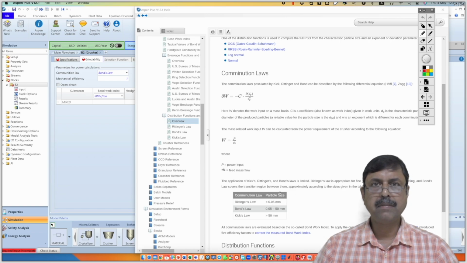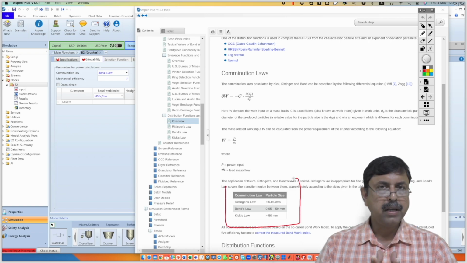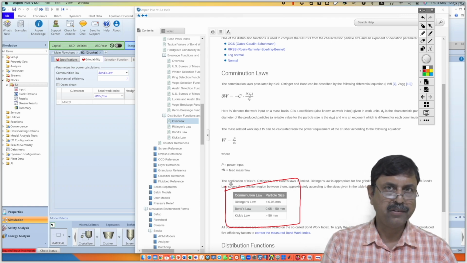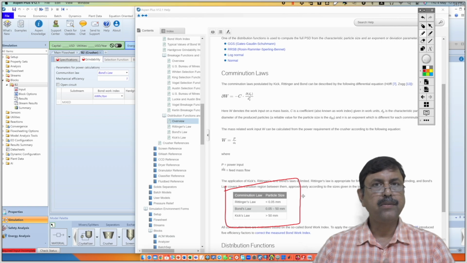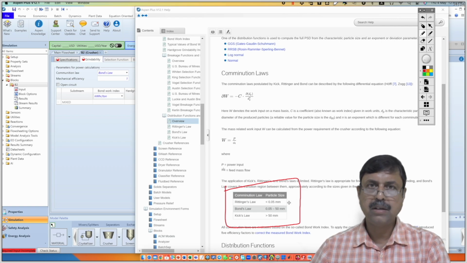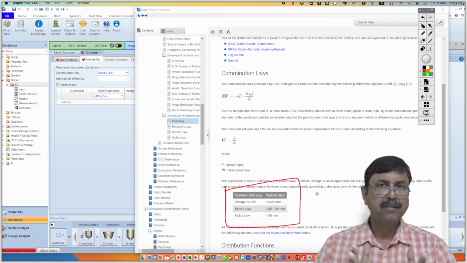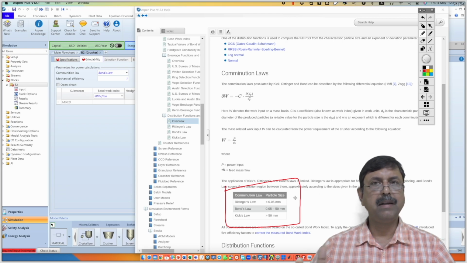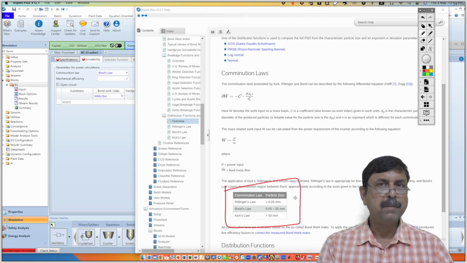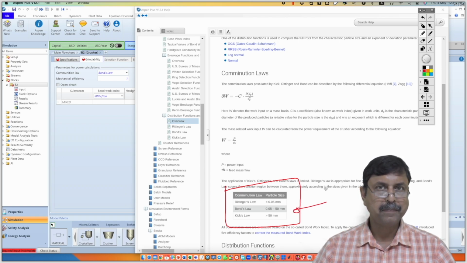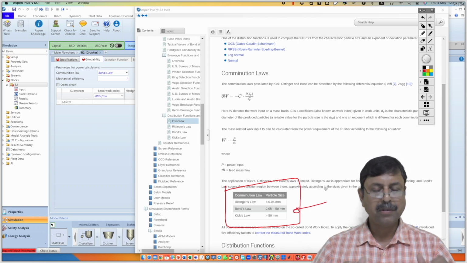You remember the table? You can refer it. If the particle size diameter is less than 0.05 millimeter, then we use Rittinger's law. If it is over 50 millimeter, then we use Kick's law. But if it is between 0.05 millimeter and 50 millimeter, then we use Bond's law. And our particles, they fall under this Bond's law criteria. Right? So you will use Bond's law.